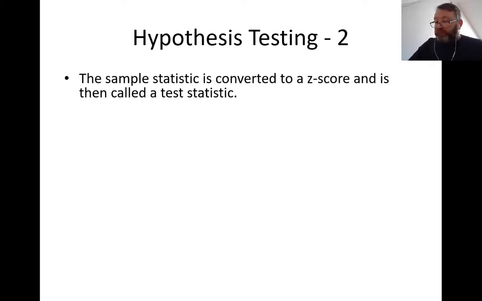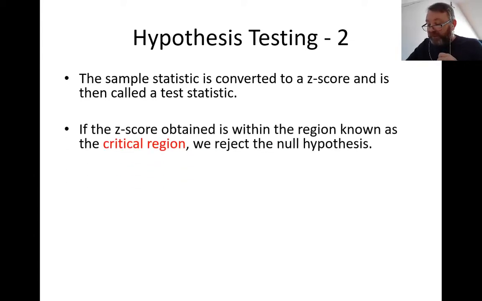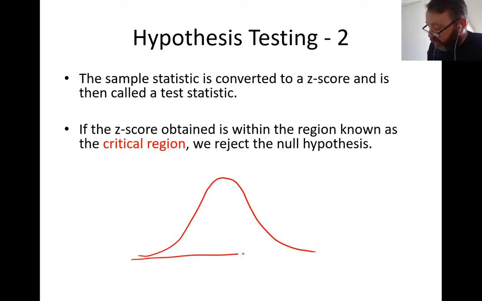The second way to do it, as we said already, is to convert to a Z-score and turn it into a test statistic. Okay, if the Z-score obtained is within the region known as the critical region, then we reject the null hypothesis. Now what does that go back to? What's the critical region? The critical region is the region that is outside 1.96 and minus 1.96.